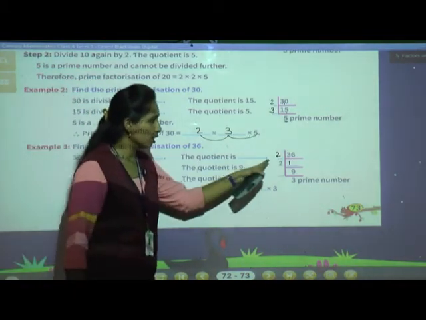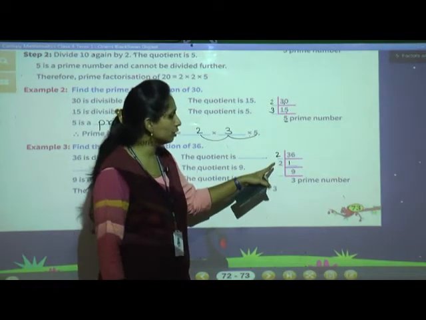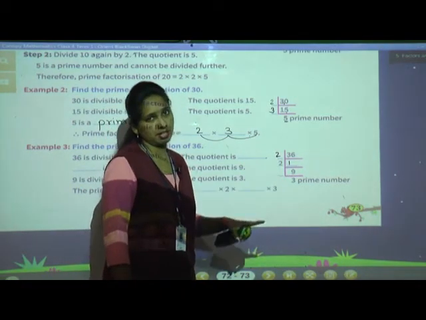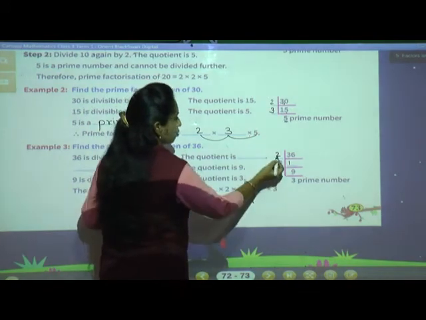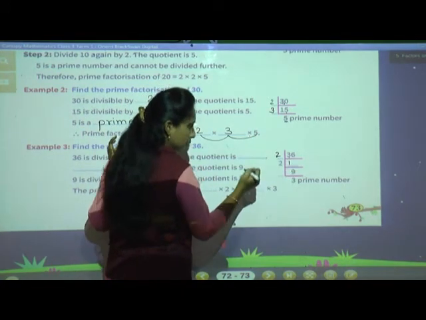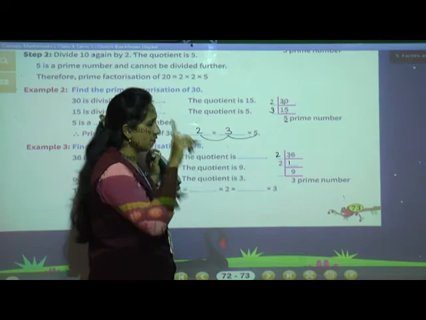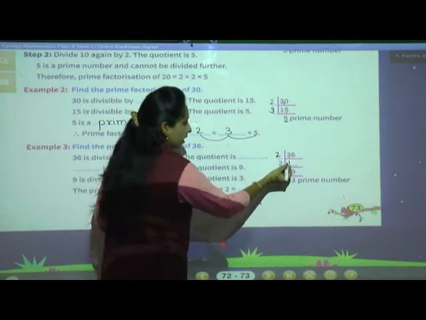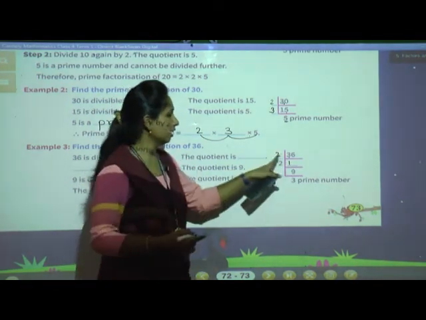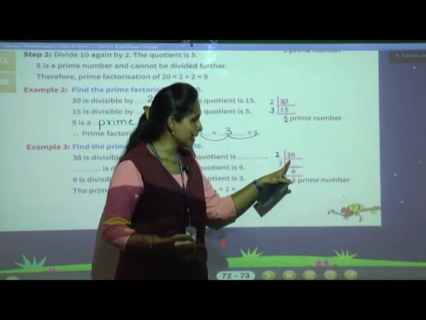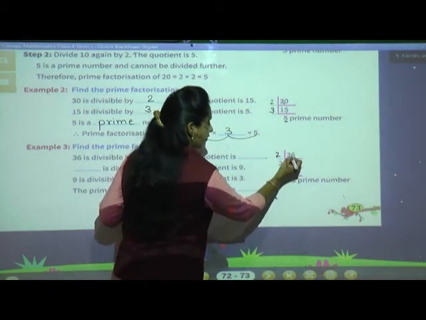Now it's time to do the division here itself by imagination. When I write 2, I write 1 in the quotient place. Then 3 minus 2 is 1, so 1 will remain.